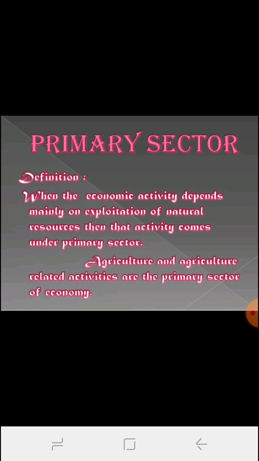Definition: when the economic activity depends mainly on exploitation of natural resources, then that activity comes under the primary sector. Agriculture and agriculture related activities are the primary sector of economy.